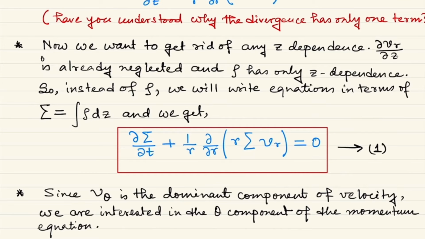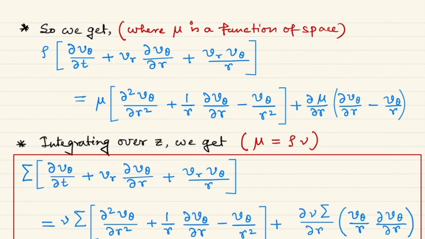Now this was all for the continuity equation. Now for the momentum evolution equation, we know that v theta is the dominant component of velocity. So we are interested in the theta component of the momentum equation. Fair enough.